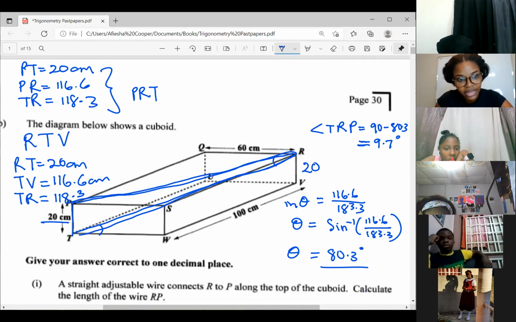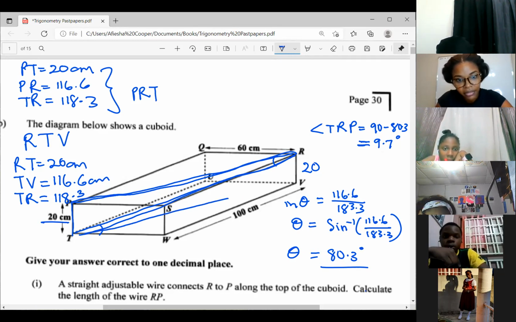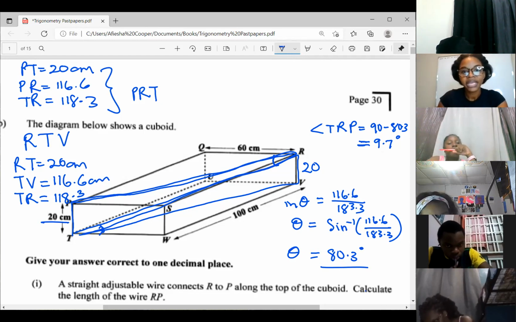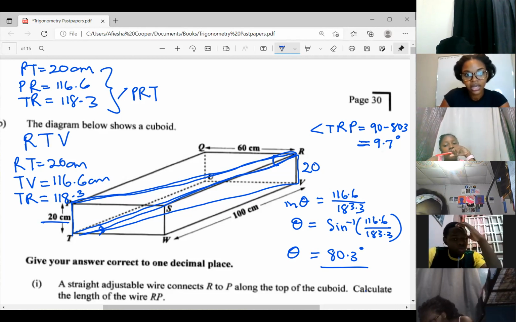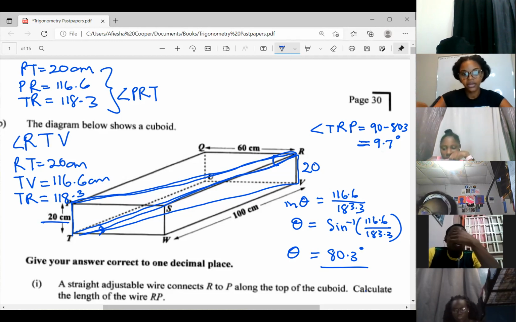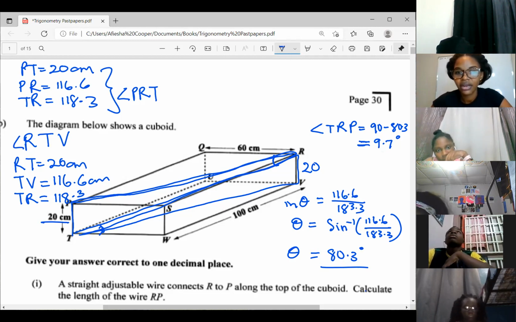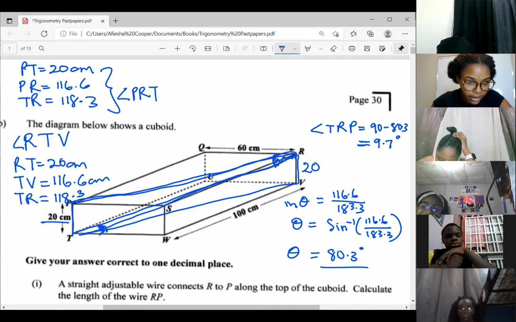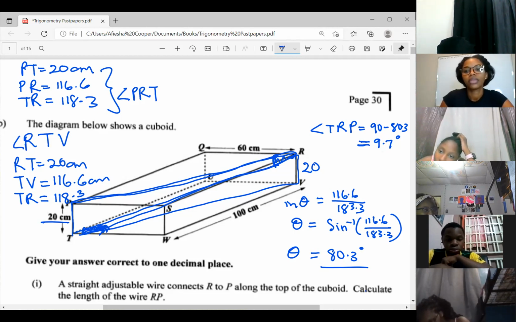And then we go in like this again. Bottom, top, same middle line. So down here will match up here. It will be the same because they kind of form one box. So PRT will match angle RTV. Y'all seeing that, right? So up here will match down here. Any questions here?